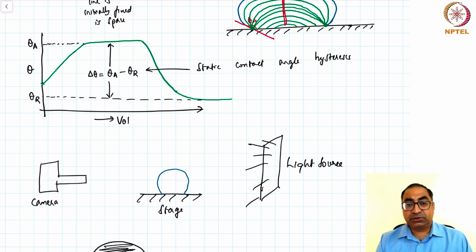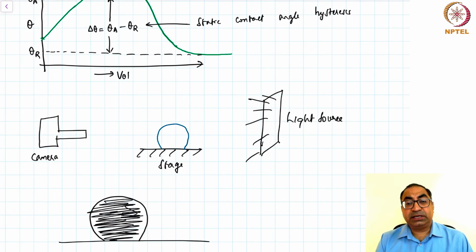Okay. Now the story doesn't end here. These are basically static situations. What about dynamic situations? In the next couple of lectures, we'll see situations where the angle can also change because of motion.